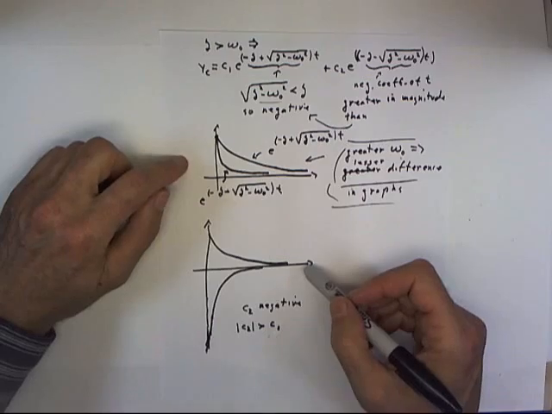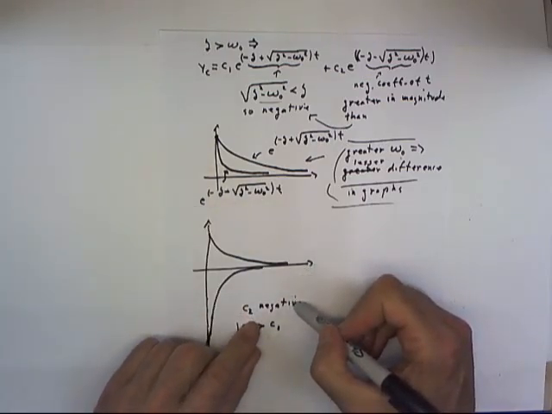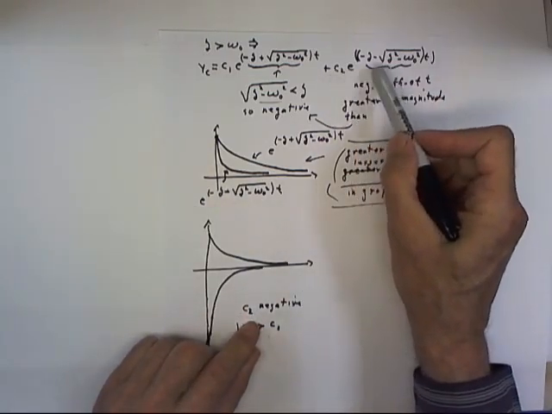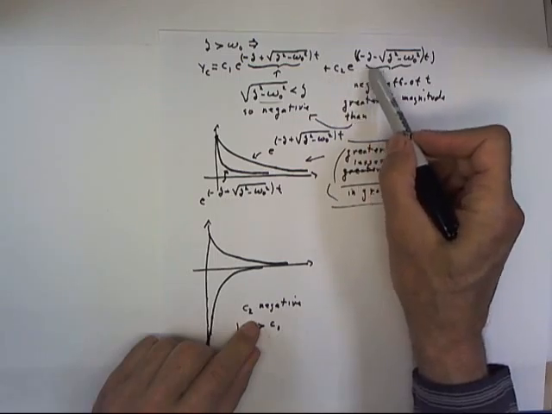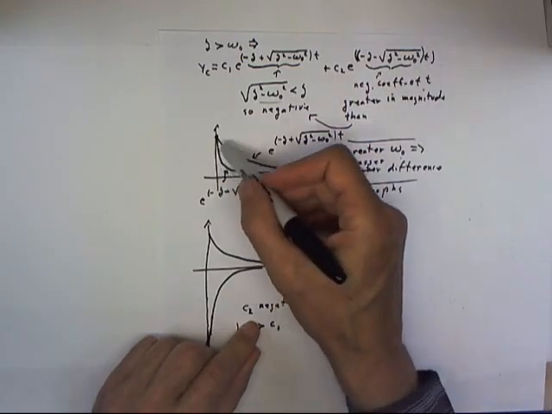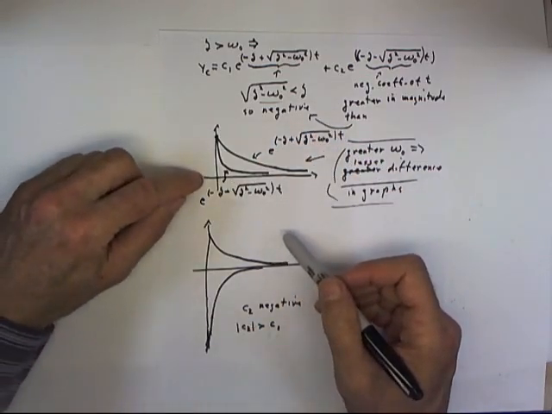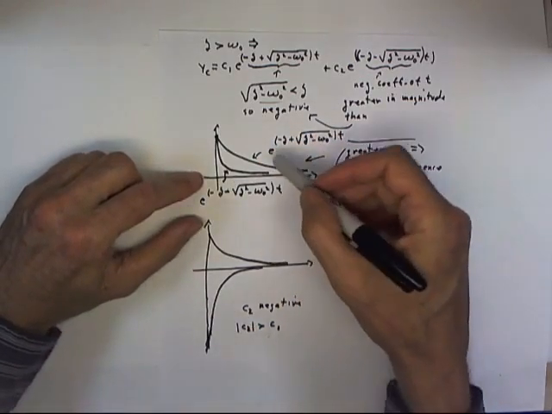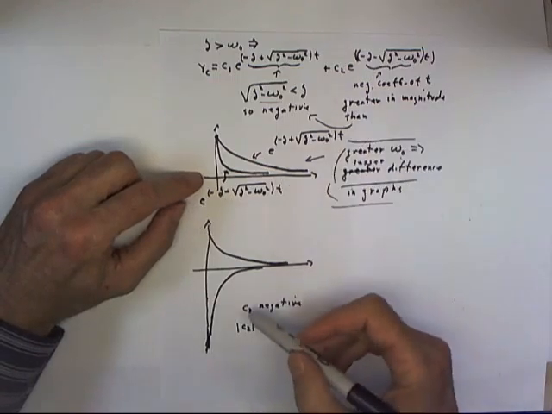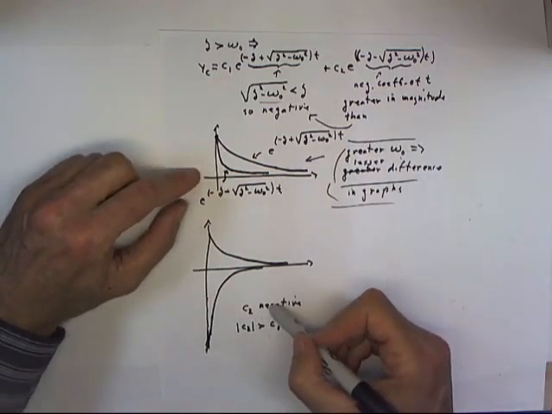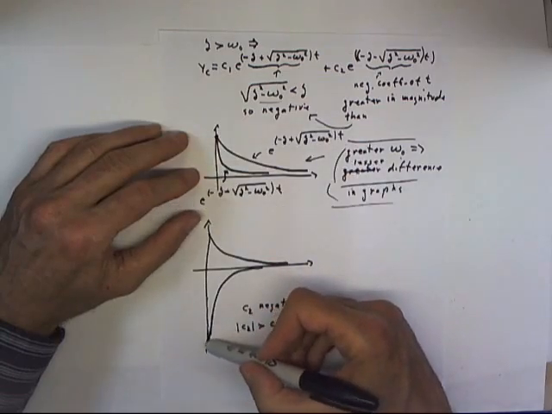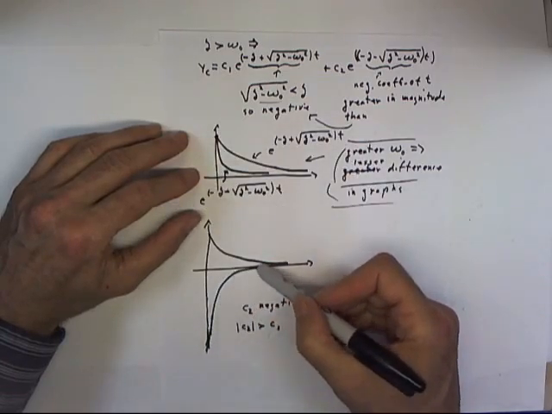Okay, now if C2 is negative, that means that the multiplier of the exponential function with the more rapid approach to the axis is going to have a negative exponent, which is going to lead you to a graph that looks something like this.